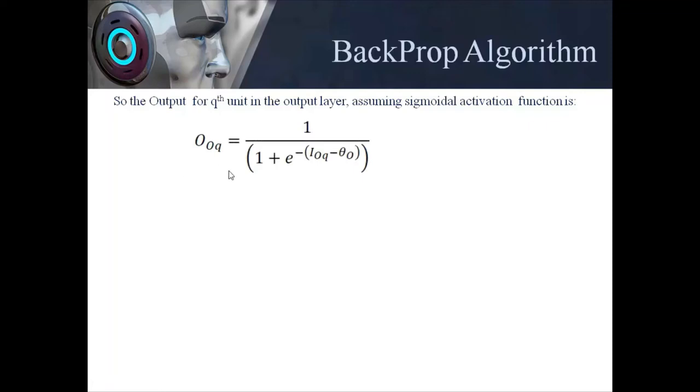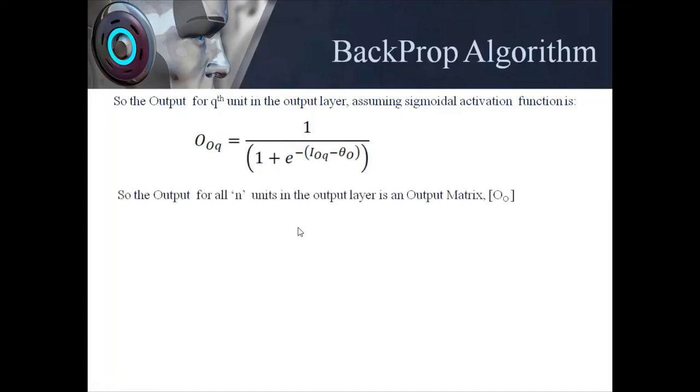So it is again calculated as O for output, the second O for the output layer unit, and which unit? Qth unit. That is simply applying the definition of the sigmoidal unit. The value of x here is nothing but the weighted sum of all the inputs received on the qth unit of the output layer.